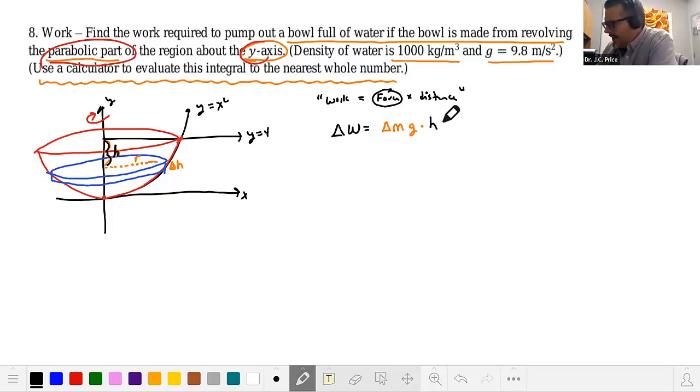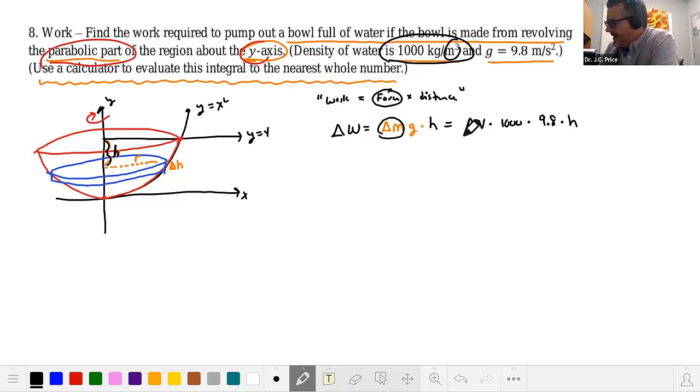So height H. And then to find delta M, how do you do that? Well, I'm going to have to use this number here. So I need to find a volume. So it's going to be a small change in the volume and then times the density of the water, which is 1,000 kilograms per meter cubed, times my G, which is 9.8, and then times my H here.